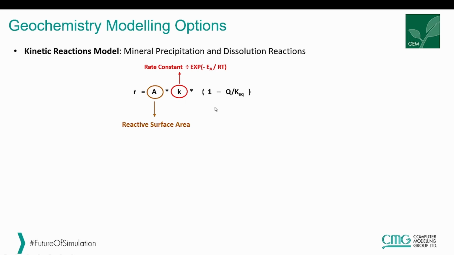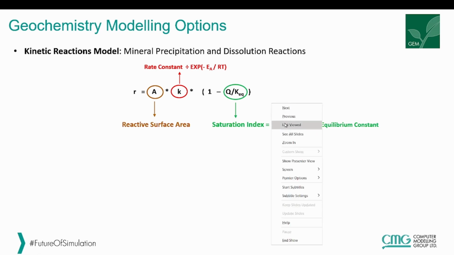And finally, this term 1 minus Q divided by the equilibrium constant, where Q divided by the equilibrium constant is the activity product over the equilibrium constant, which is called the saturation index. And this term defines the direction of this reaction. When Q is larger than K, we'll have precipitation occurring. In the opposite case, dissolution will take over.